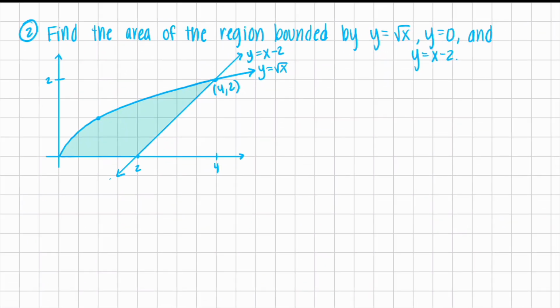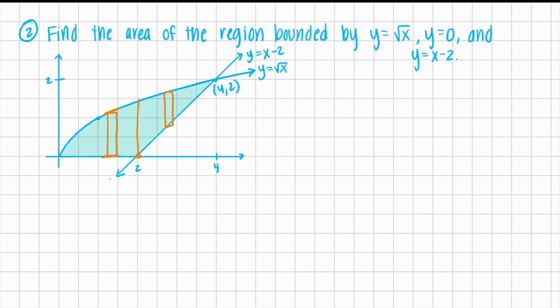Number 2 says find the area of the region bounded by y equals the square root of x, y equals 0, and y equals x minus 2. The first thing I want to point out is we could still solve this using vertical rectangles. But because my top and my bottom change at x equals 2, same issue as the last one, we would have to have two separate regions, which means two separate integrals.